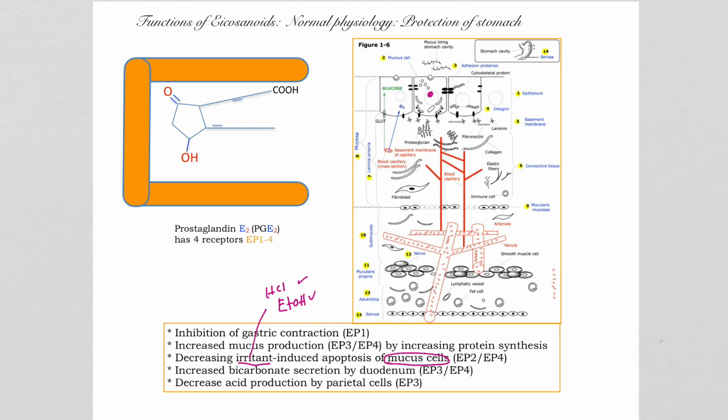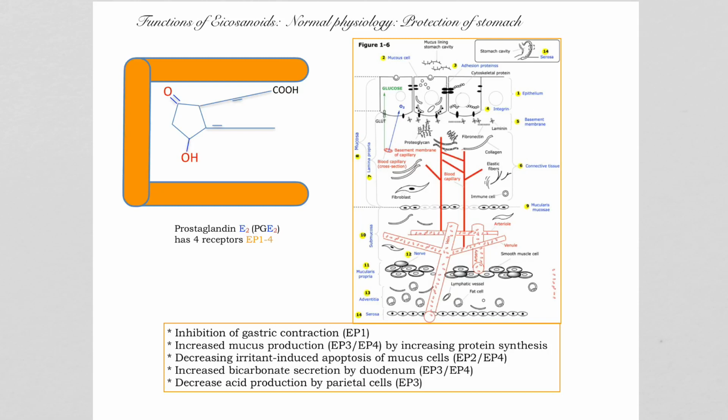So we know now that this prostaglandin E2 actually stops this program from happening. So decreases the irritant-induced apoptosis of mucus cells. And here the EP2, EP4 receptor is what is bound by the prostaglandin E2.